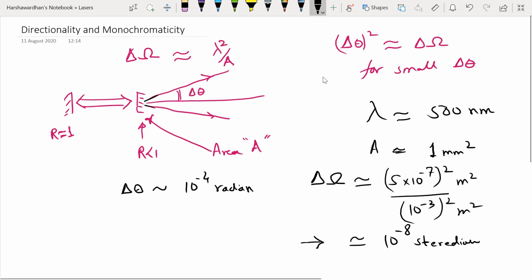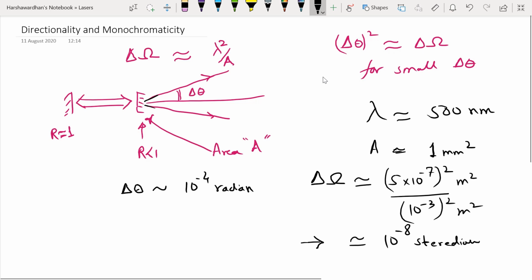The radiation is limited within this small angle, and that is what is responsible for the extremely large brightness that we associate with laser light. If I'm looking at a 40-watt bulb, I don't have to worry about the dangers it might cause to my eye.